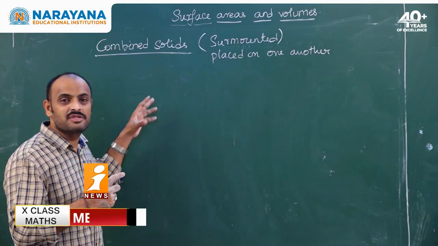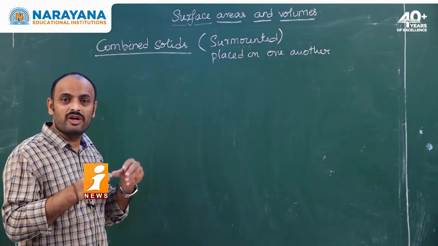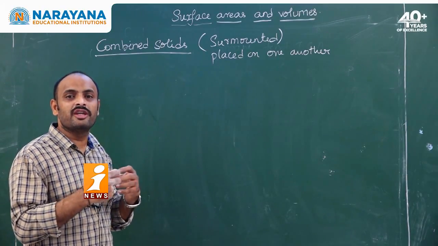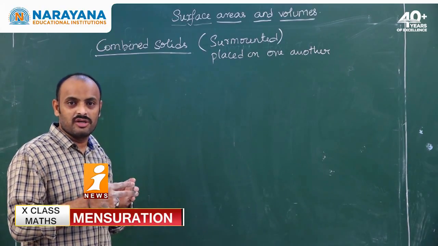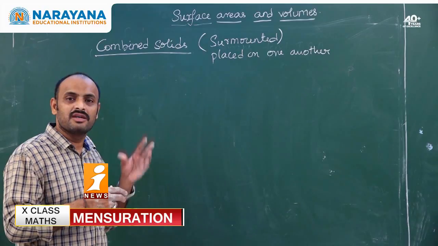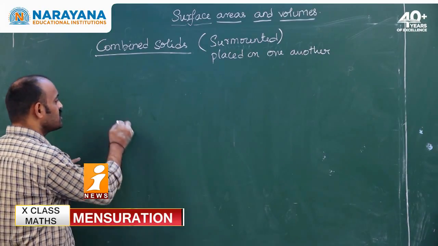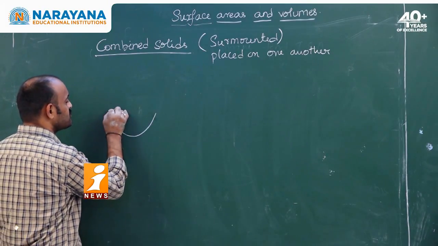All these come in combined solids. So what do you mean by combined solids? Joining 2 or more solids to give you a solid is called combined solids. So let's see that I have a hemisphere.